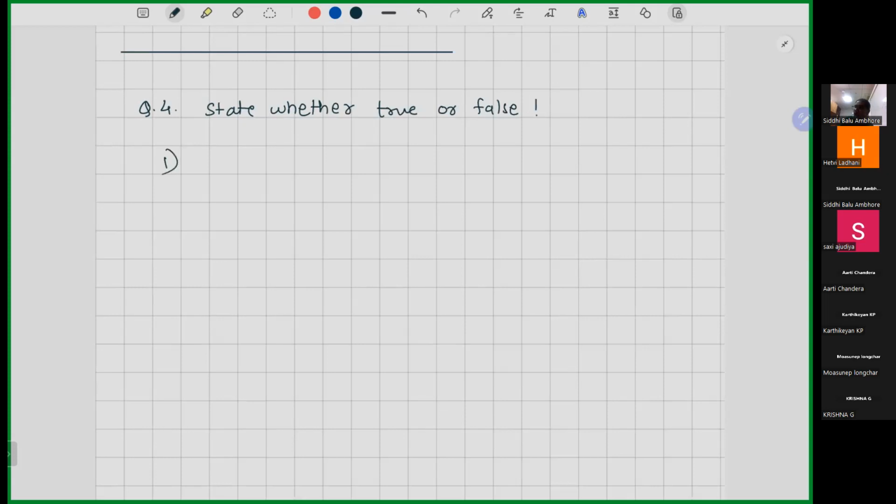The dimension of the vector space of all n cross n matrices is n square, for R.